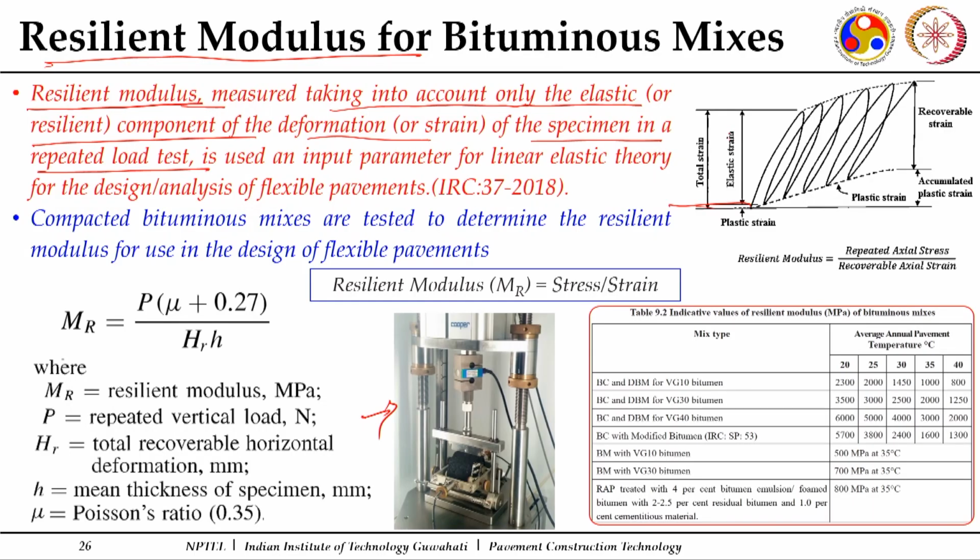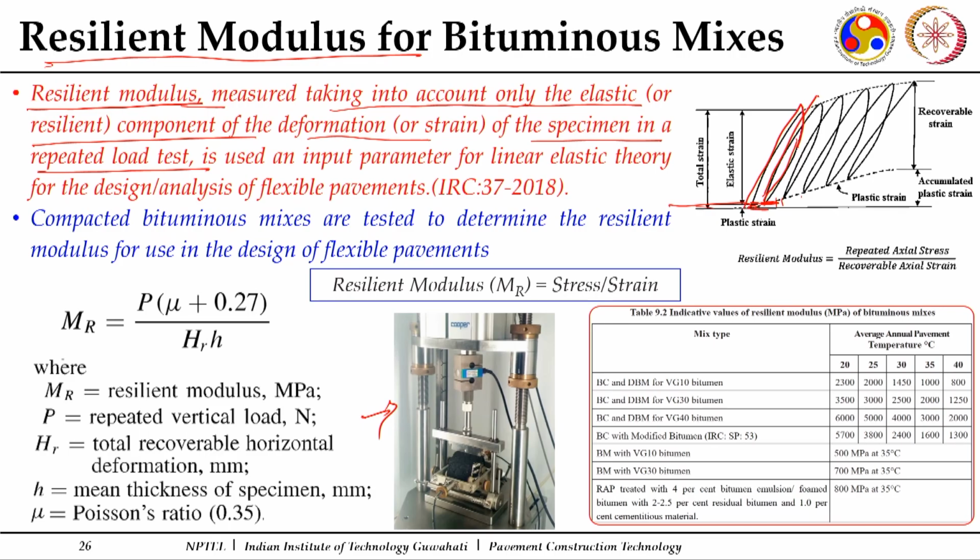Now, there may not be a complete recovery of this deformation. A part of it may recover and a part of it may remain, that is the permanent deformation. Here you can see a total strain which is applied, and this is one cycle. When you give a load, a strain is there. When you remove it, the strain gets reduced, but still at the bottom some amount of permanent strain remains.